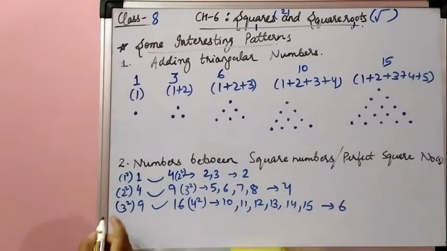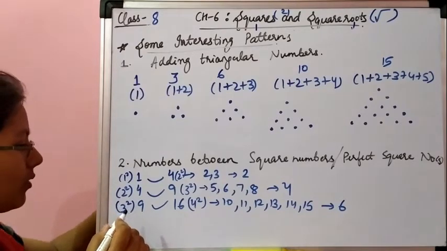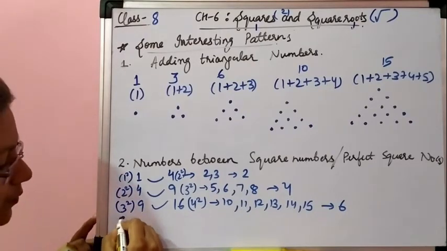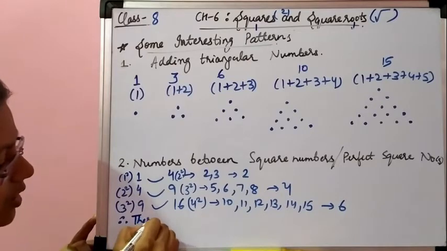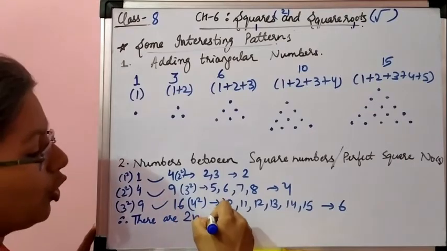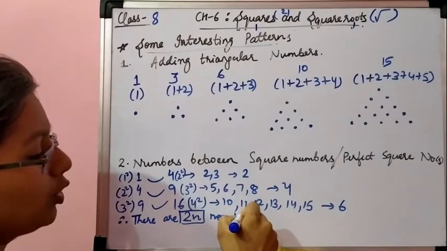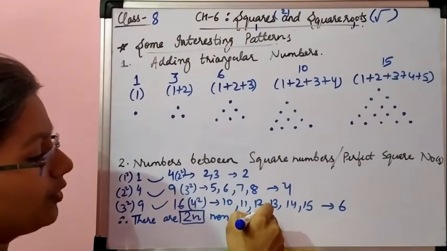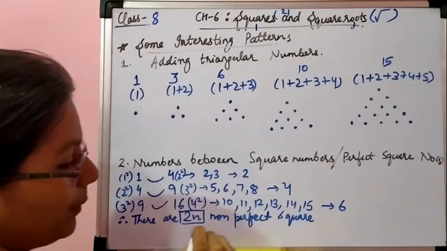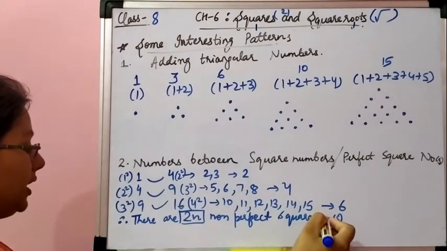Now what is that formula? What is that rule? Rule is that there are 2n non-perfect square numbers. How many will there be? 2n non-perfect square numbers.